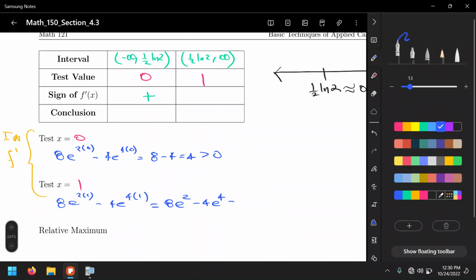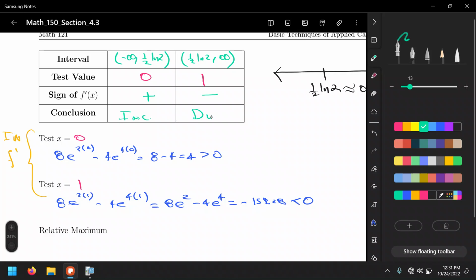That's actually negative 159.28. So negative.